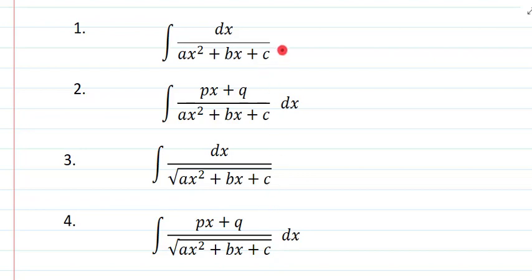That can be done by the completing the square method. So first, using the completing the square method, we will convert the denominator into one of the forms that we have studied. After that, whichever result is applicable, we will apply it.